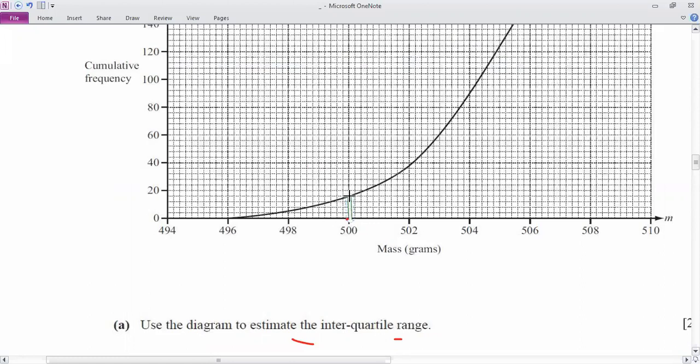This number, and then from here, this number. What is this? From 0 to 20 are how many boxes? 1, 2, 3, 4, 5 boxes are from 0 to 20. So each box is 4. It means this is 16.